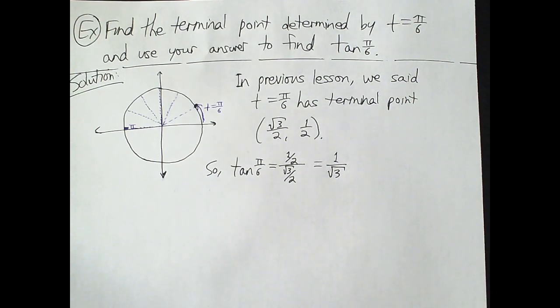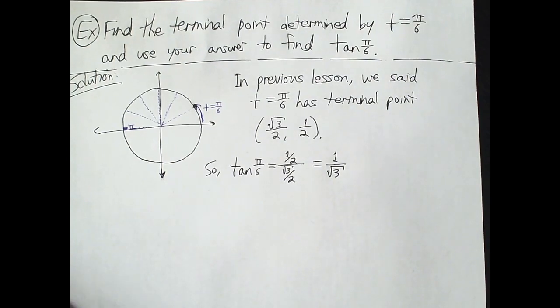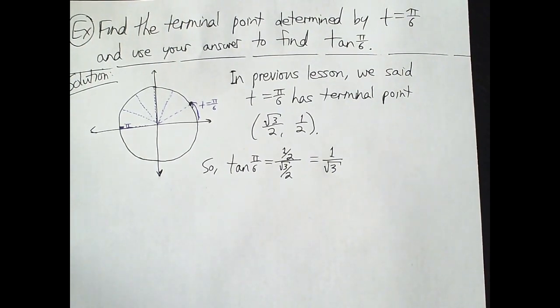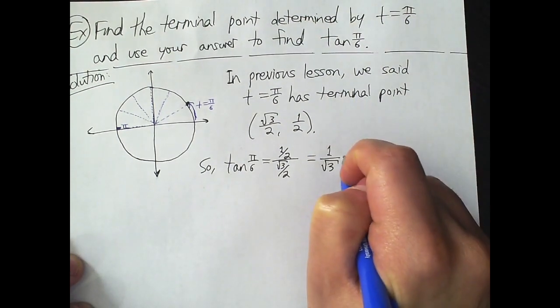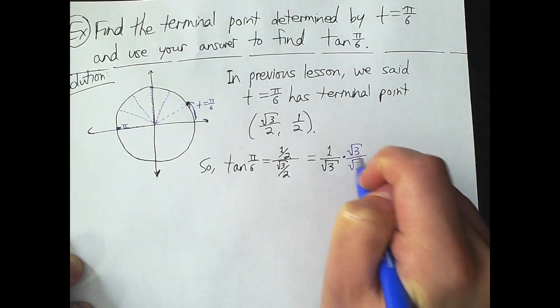There's one more thing that I would like to do, though, because generally in classes like this, we don't like to leave square roots on the bottom. We like to do something that's called rationalizing the denominator. Basically, getting square roots out of the denominator. A way that you can do that is multiply this by square root of 3 over square root of 3.